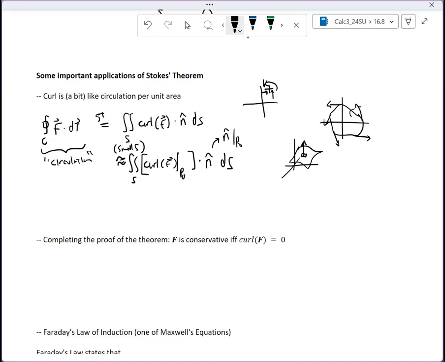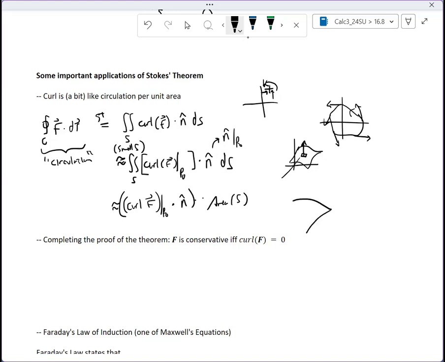But this is basically just the double integral of a constant dS, the surface integral of a constant. But that's just like curl of F at p naught dot the normal there. So that result times the area.